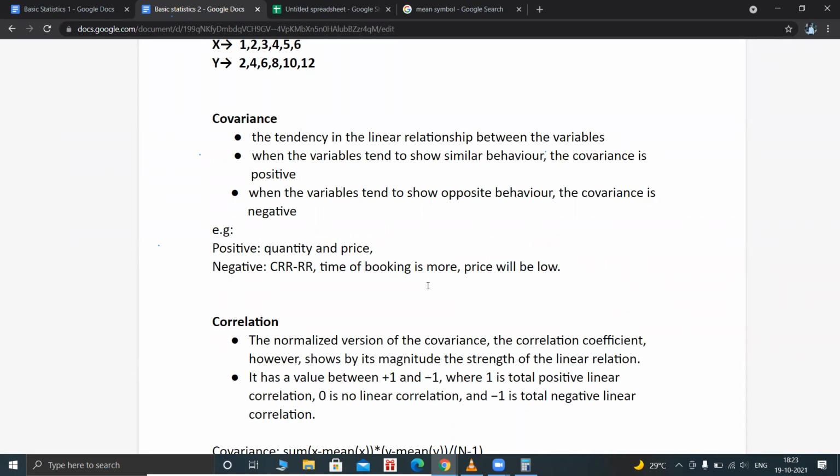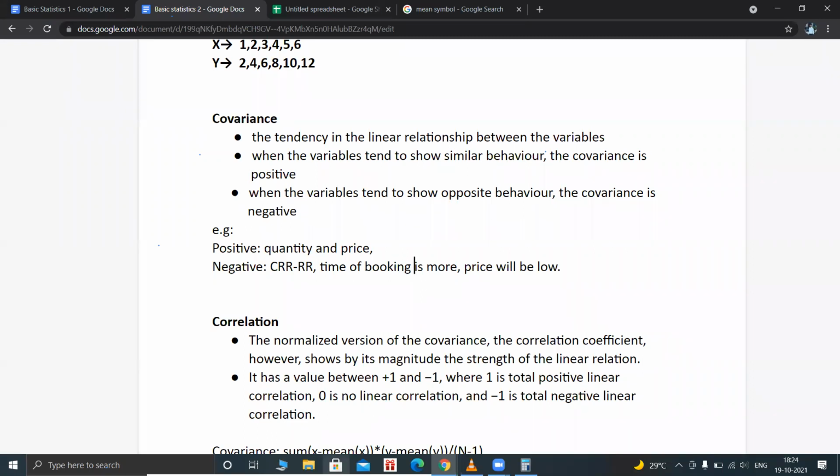Will the price be less or more compared to the actual price, guys?